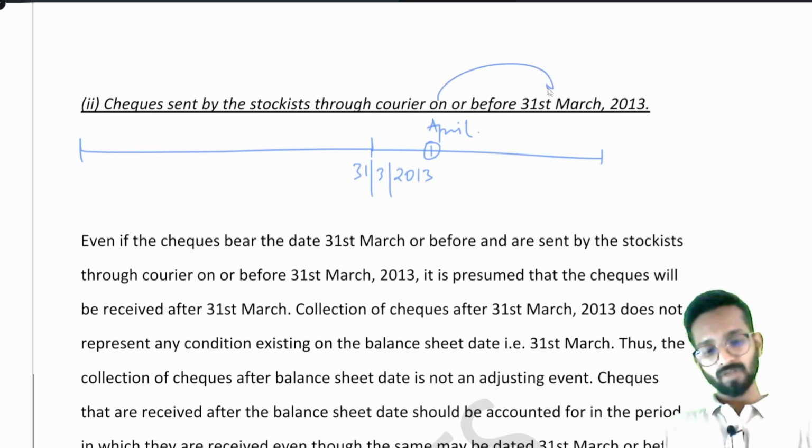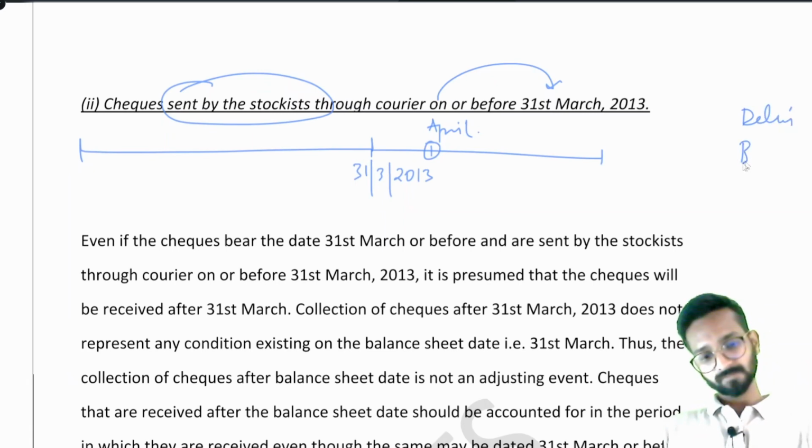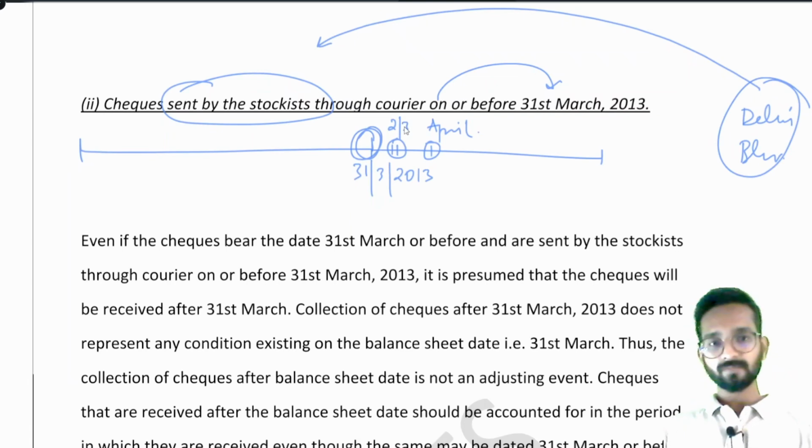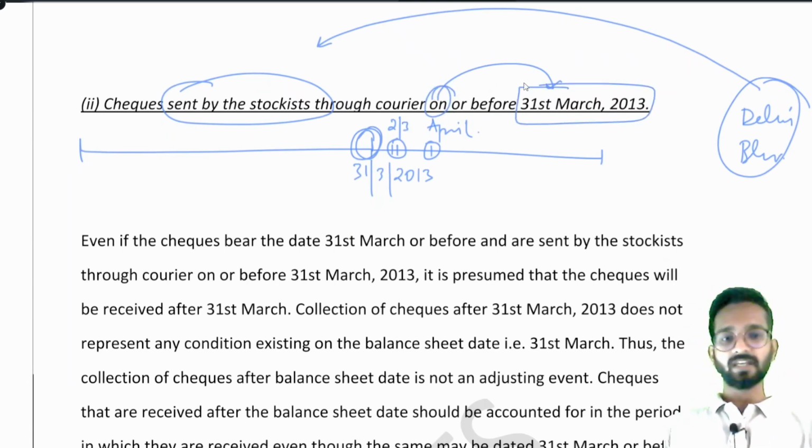Suppose I am taking on only. On 31st March, checks were sent by the stockist through couriers. So, from Delhi, Bangalore, the stockist on 31st March sent through post or through courier, and obviously if they are sending courier on 31st March, say I received checks on 2nd or 3rd April. Understood? I am just assuming that on 31st March they are sending the courier.